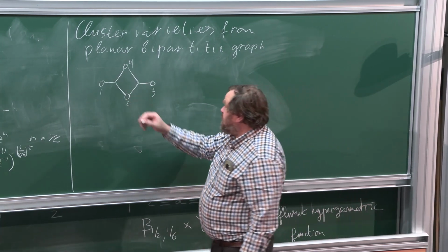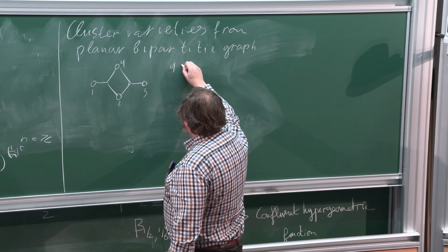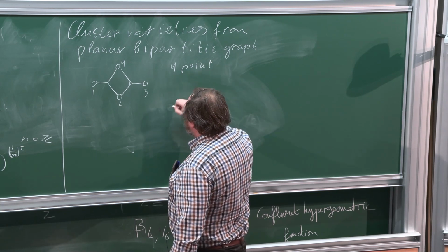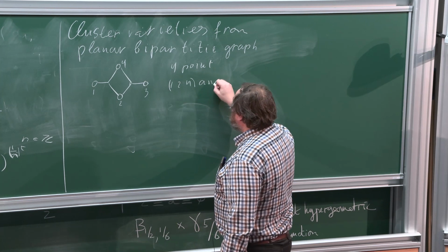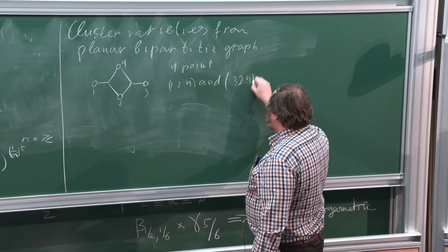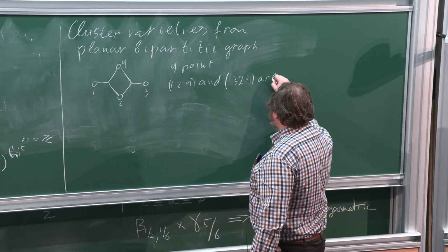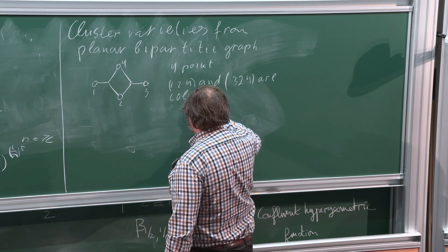So for example, here it means that we have 4 points such that 1, 2, 3, and 1, 2, 4, and 3, 2, 4 are collinear.